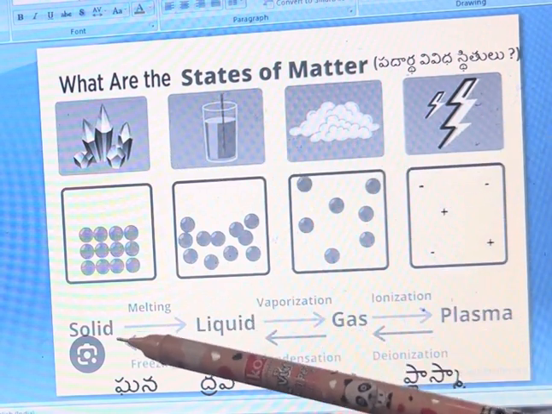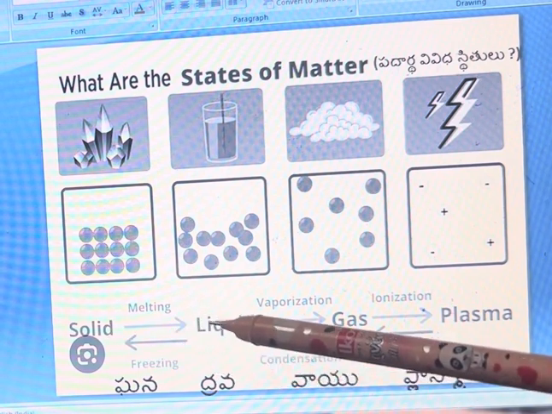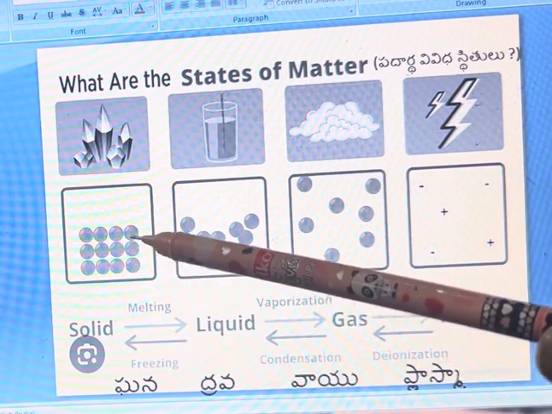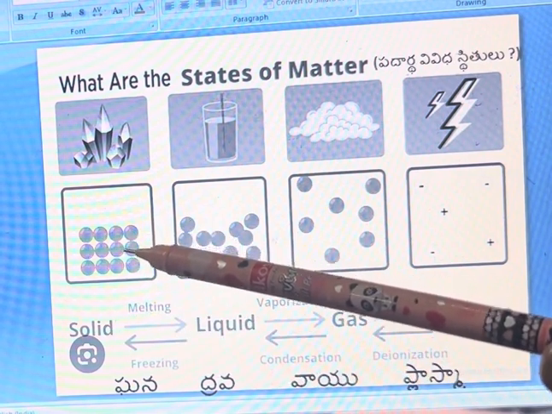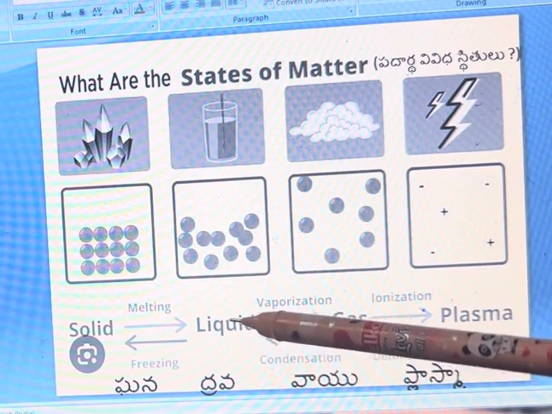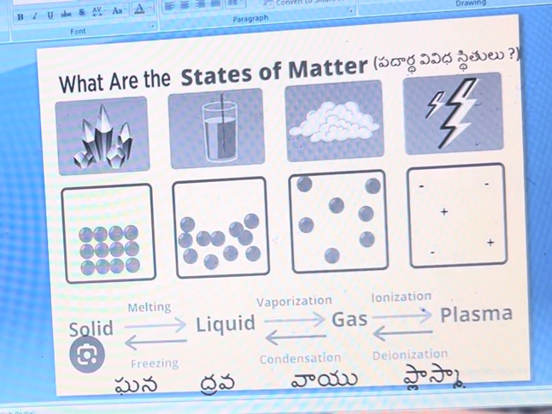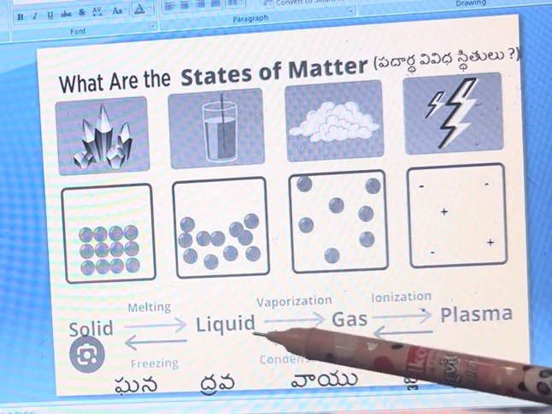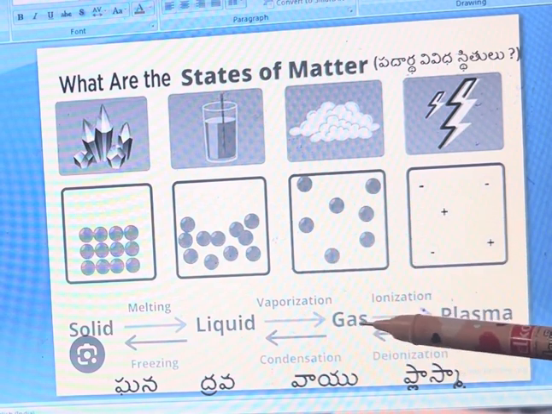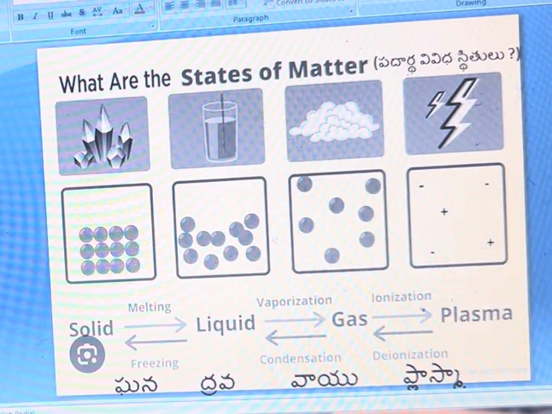How can we convert one state to the other? When solids melt, the distance between molecules increases. If you give thermal energy, the distance between the molecules in the solid state increases, so you get a liquid state. If you give further thermal energy in the form of temperature, it undergoes vaporization to get the gaseous state, where the distance between the molecules is more.